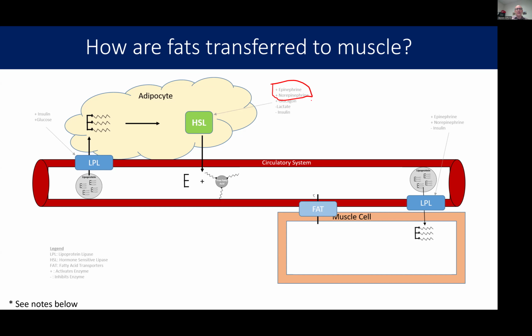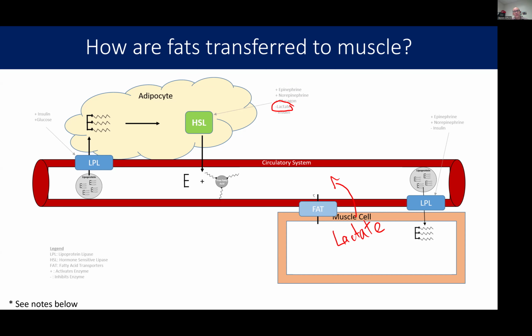Well, part of it is that during really intense exercise, we're going to see lactate accumulate in the blood, right? This muscle cell is going to go through glycolysis and produce lactate. And that lactate is going to get in the blood, and then it makes its way to the adipocyte, just like a hormone. In fact, you could consider it a hormone.